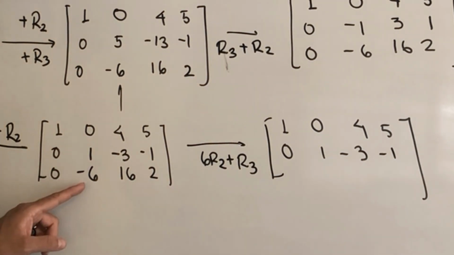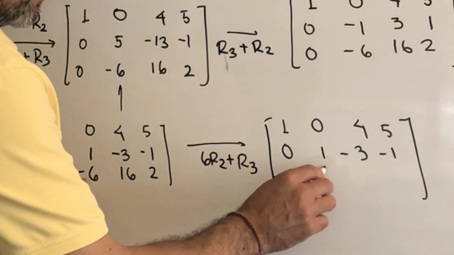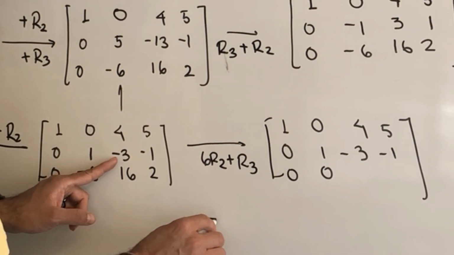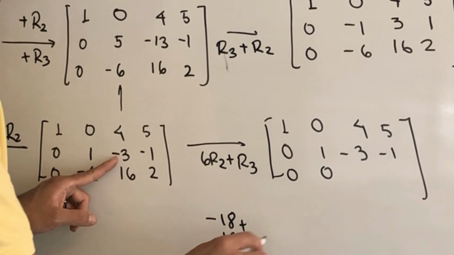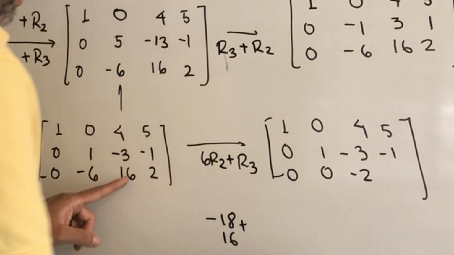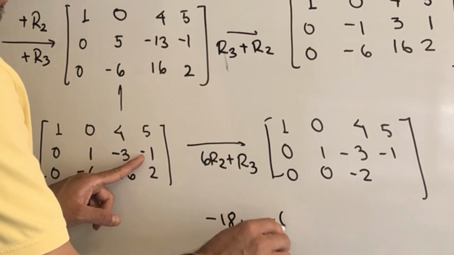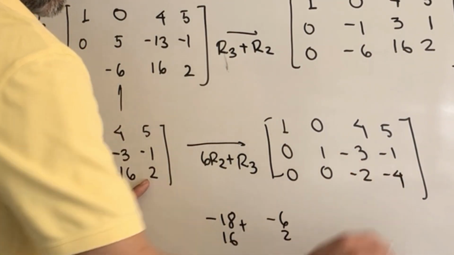And this row, it changes with 6 times 1 plus minus 6 is 0. And here, 6 times 3 is negative 18 plus 16 is negative 2. And here, 6 times negative 1 is negative 6 plus 2 is negative 4.